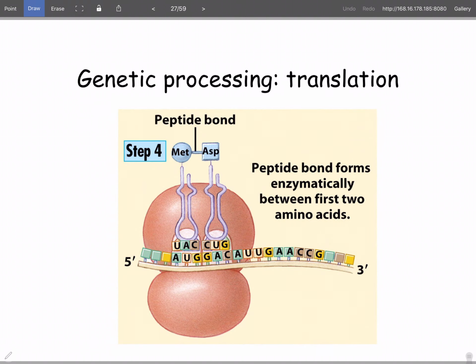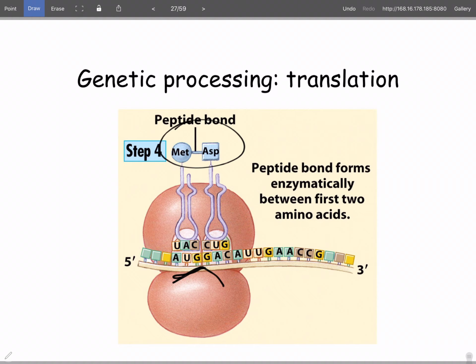Okay, now they show the peptide bond formation out here. You guys know it's deep down inside the pocket, but for picture purposes, they drew it outside of the enzyme itself, but it's deep down in that catalytic pocket. And then what happens is the ribosome is actually putting a kink in the mRNA right there, between those two codons.